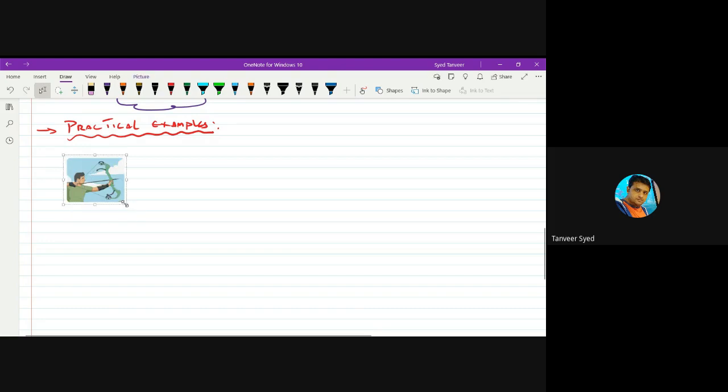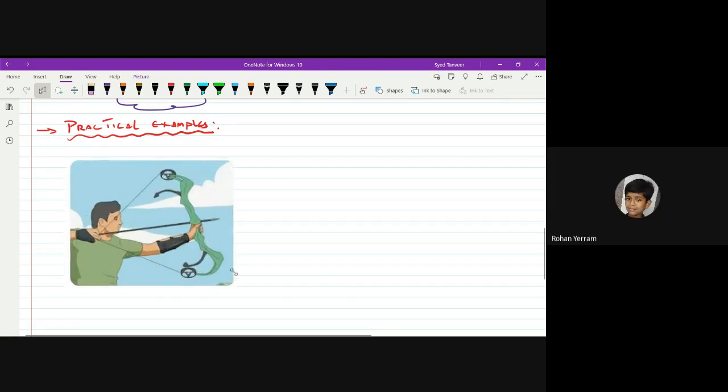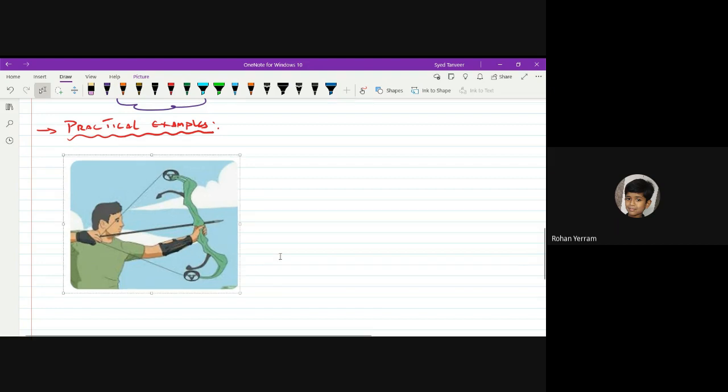Have you ever played with a bow and arrow? Yes, sir. Or you might have at least seen it in the movies. Bahubali movie, recently Triple R. Kushal Chandra has taken archery classes. Okay, so Kushal has taken archery classes.